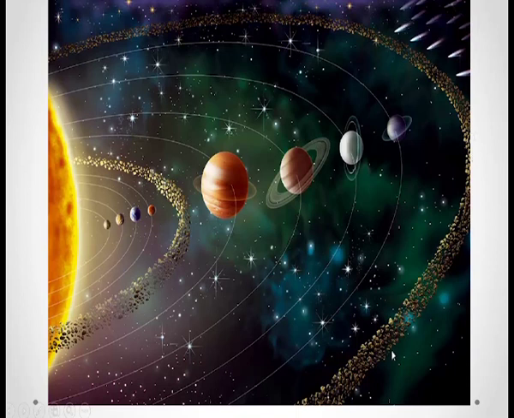Few more astronomical objects are there after the 8th planet, which are still being named by people in the field of research. So, this is the artist's view of the solar system in which we are living.